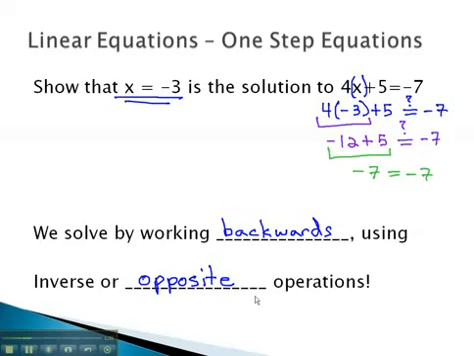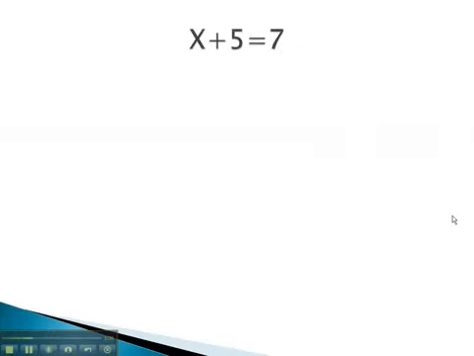Let's take a look at a few examples where inverse or opposite operations help us find that number that x equals. As we solve these problems, we will always balance the equations on the equal sign. When I say balance, I mean if we do something to the left side of the equal sign, we must always do the exact same thing on the right side.